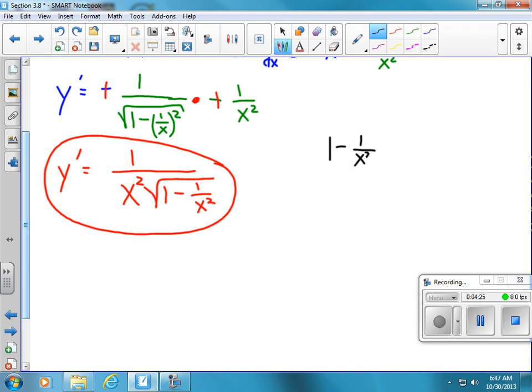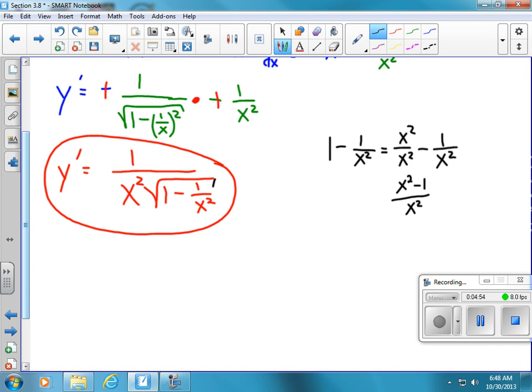All right, so algebra on this problem. I'm taking the inside of the square root sign, which is 1 minus 1 over x squared. I'm going to rewrite this 1 to be x squared over x squared. That's a 1. I'm getting a common denominator here. All right, so if you have 1 minus 1 over x squared, you get a common denominator. Then we can rewrite this problem as x squared minus 1 over x squared.